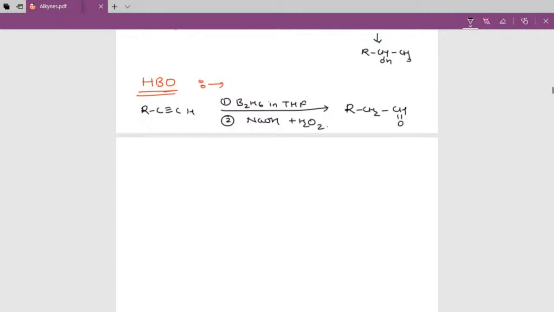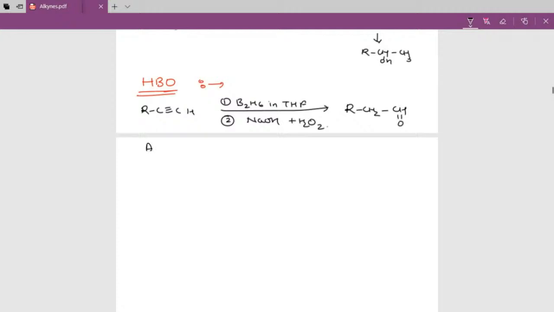In case of OMDM, in case of Kucherov, always due to Markovnikov addition, ketones are formed. But in case of HBO, due to anti-Markovnikov addition of water, always aldehydes are formed.